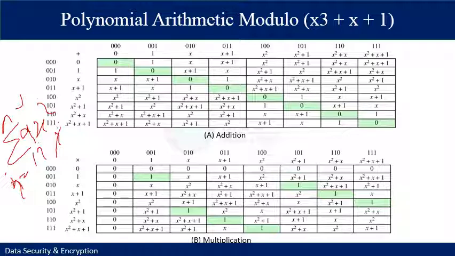So if you increase the value of n, you increase the degree of the polynomial. So for the other case, where p is equal to 2 and n is equal to 3, there are a total of 2 raised to the power 3 polynomials, and the 8 polynomials will be referred to as 0, 1, x, x plus 1, x squared, x squared plus 1, x squared plus x, x squared plus x plus 1.